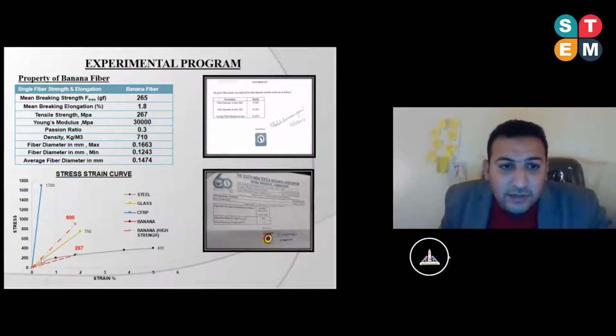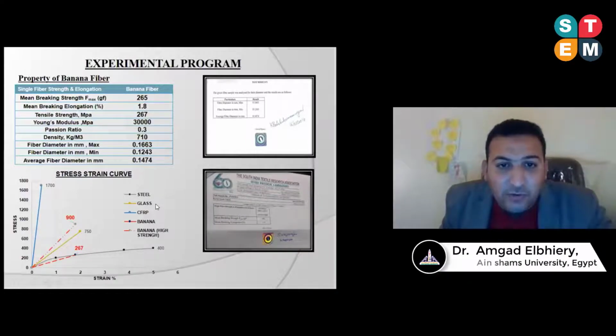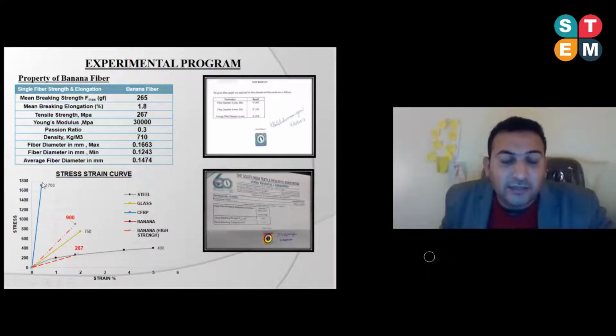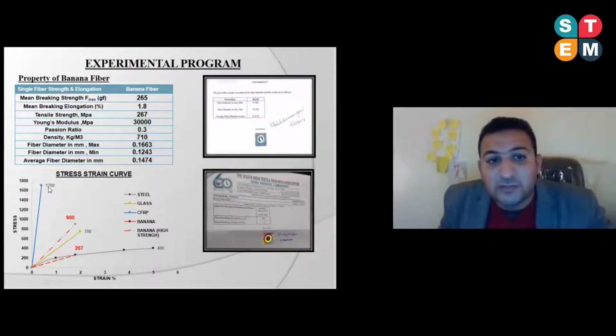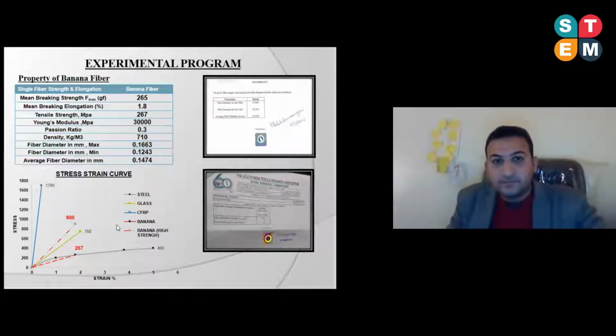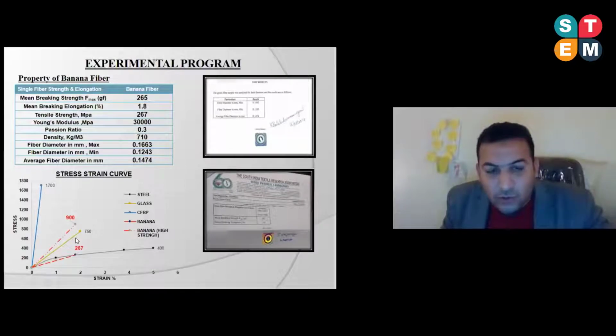And this is related to the glass fiber, and this is related to the carbon fiber. The glass fiber with 750 and the carbon fiber with 1,700.